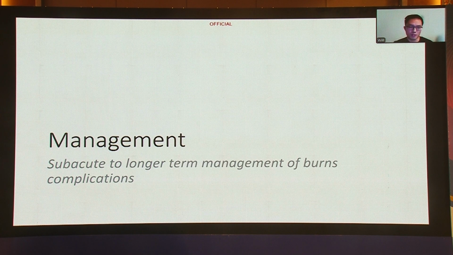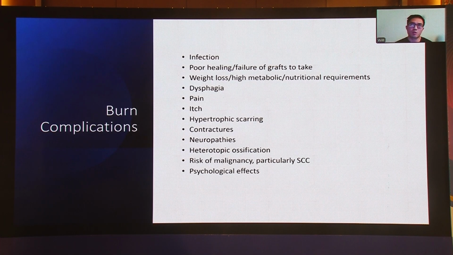So we'll move on to management, subacute to longer term management of burn complications. These are just general complications. I'll go through this just on this slide and focus more on the principles of therapy to try and prevent a lot of these complications if possible. So infection and poor healing or failure of grafts can occur, especially when the patient has a large burn.